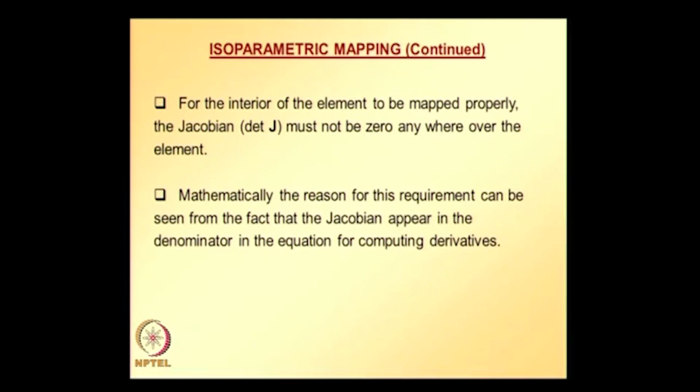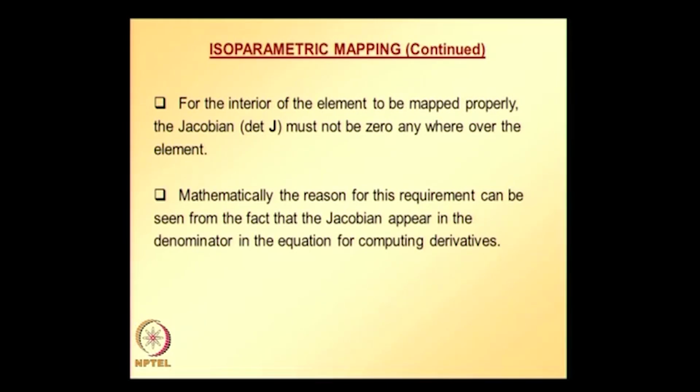If you recall the relation to get the derivatives of shape function with respect to x y, we are required to find 1 over determinant of J. So, that is what this statement says.